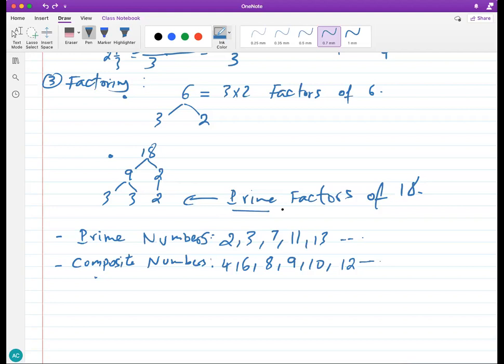Teacher, would one be considered a prime or a composite number? That's a good question. 1 is not a prime number.